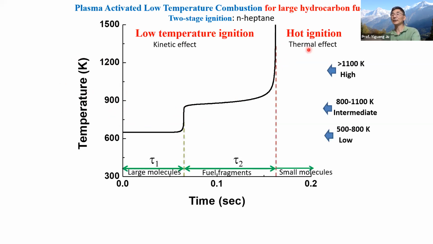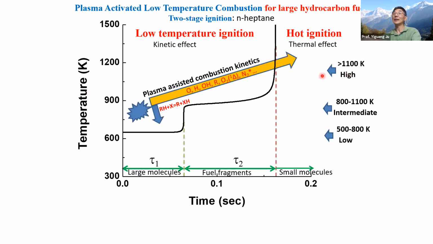At high temperature, above 1100 Kelvin, the plasma generates some radicals, but the flames can generate radicals by the H plus O2 chain branching reaction. This reaction is very fast, and if your temperature is above 1200 Kelvin, for most high temperature flames, the temperature is indeed much higher than 1200 Kelvin.